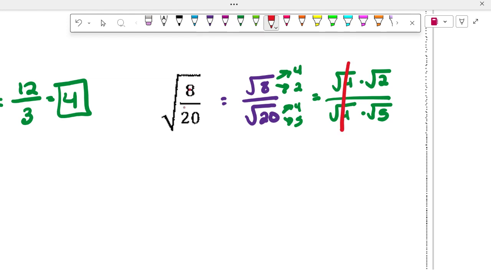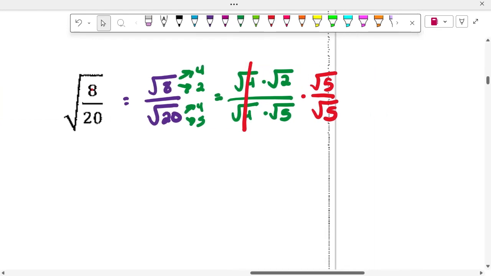Now, you could have also simplified this fraction down to 2/5 and done it that way. You would have gotten the exact same thing. It's to each their own type thing. You still have to rationalize the denominator, though. So what's the square root of 2 times the square root of 5?